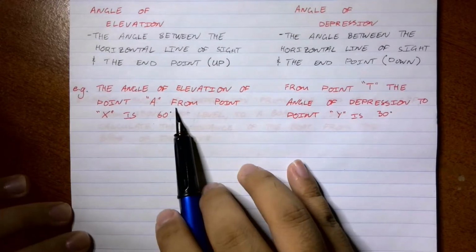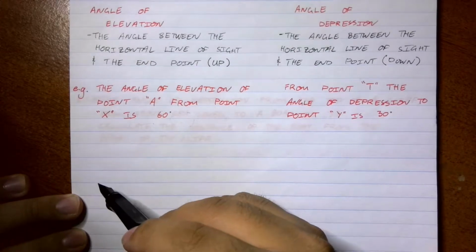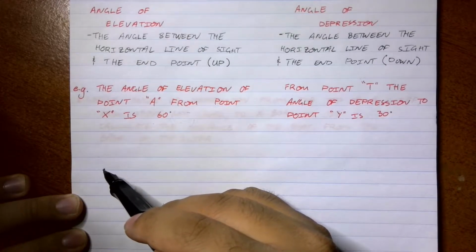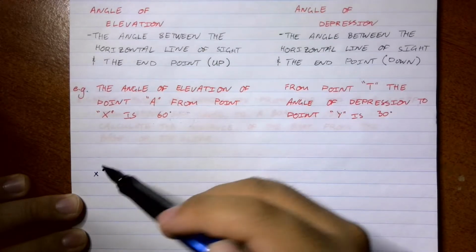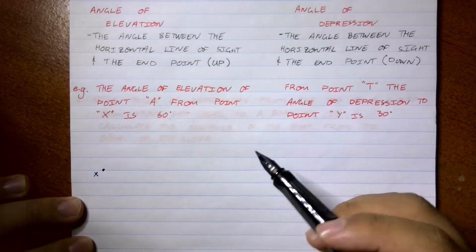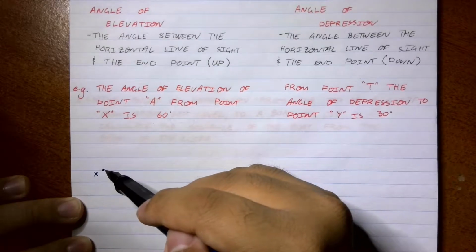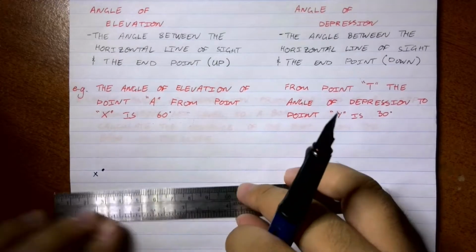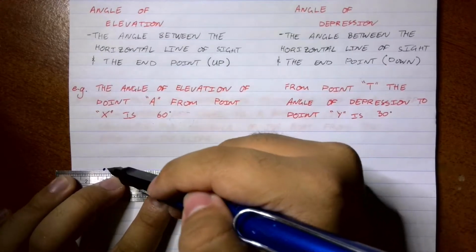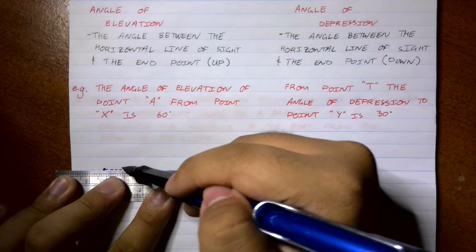So from point X, here's point X, let's label that. Let's say this is a person standing on the ground. Okay, and from where they're standing, we draw a horizontal line of elevation. Let me get my ruler here. From point X, we draw a horizontal line like so.